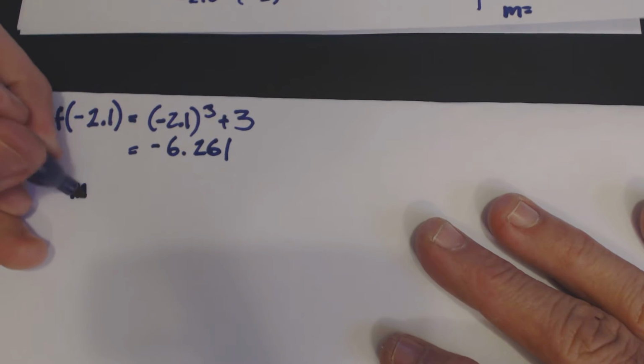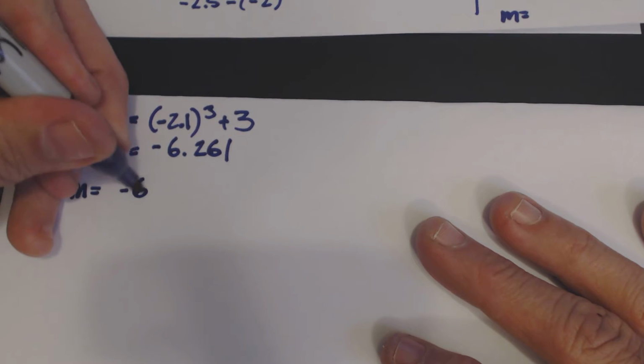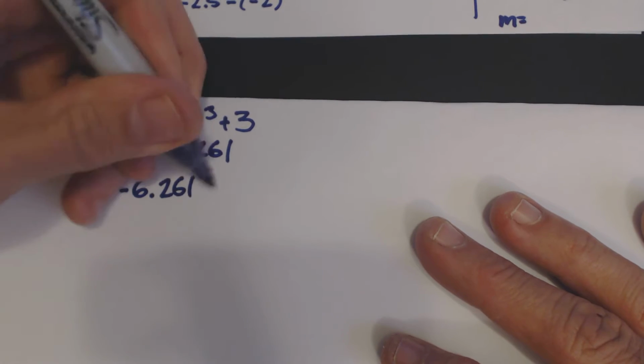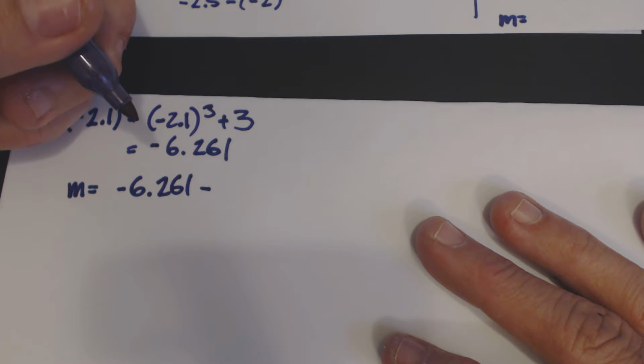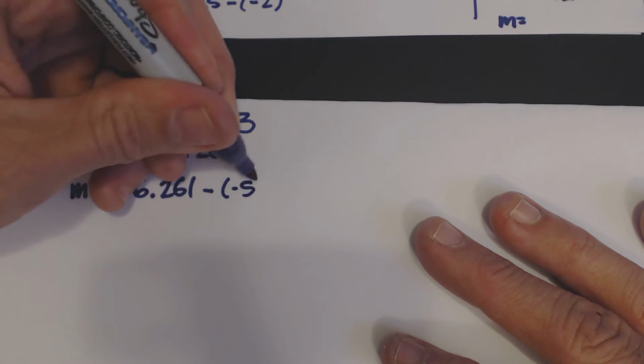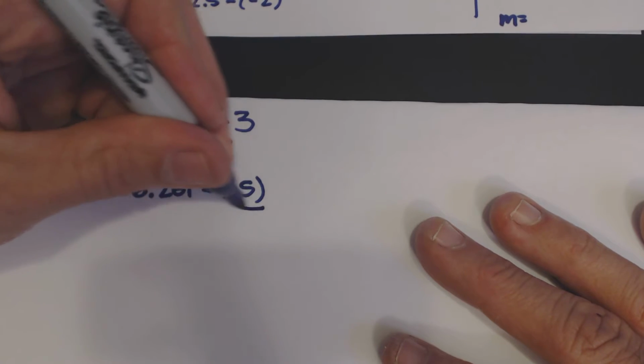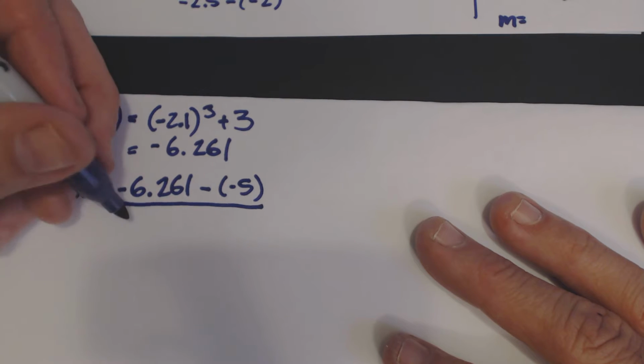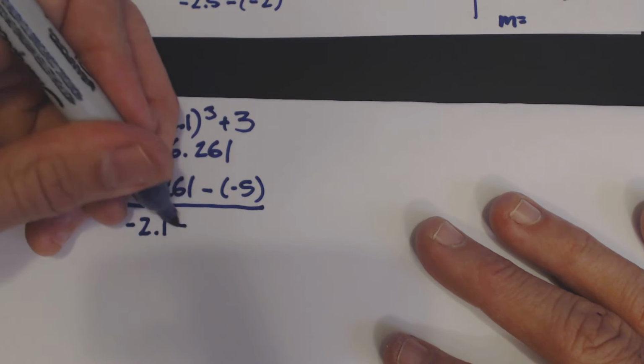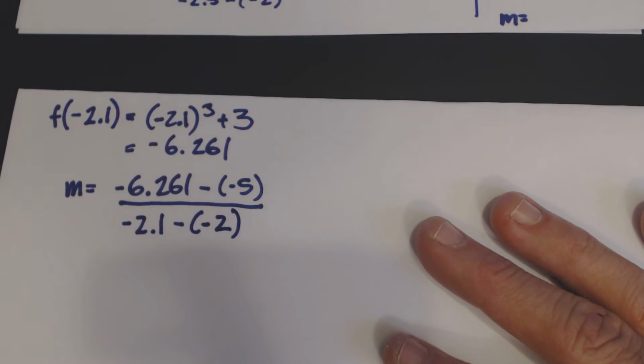Now let's find the slope. Again, we've got the y value, negative 6.261 minus negative 5 over negative 2.1 minus negative 2.